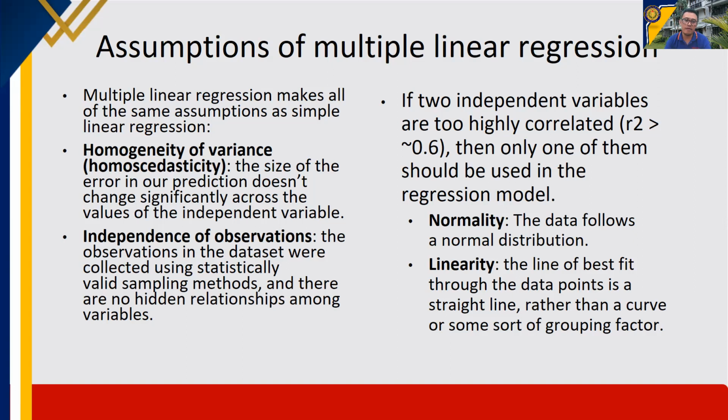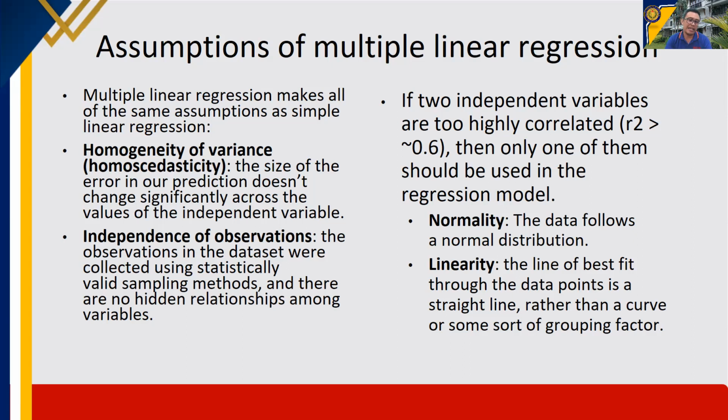So if two independent variables are too highly correlated, only one should be used in the regression. Then normality: the data follow a normal distribution.